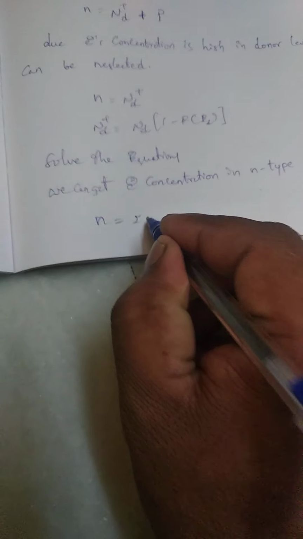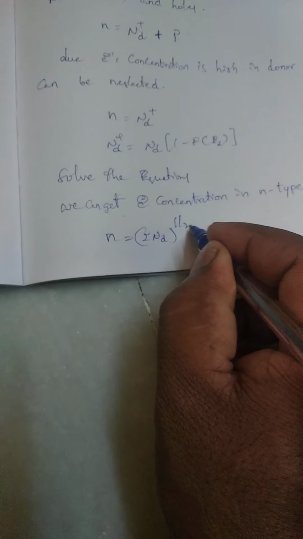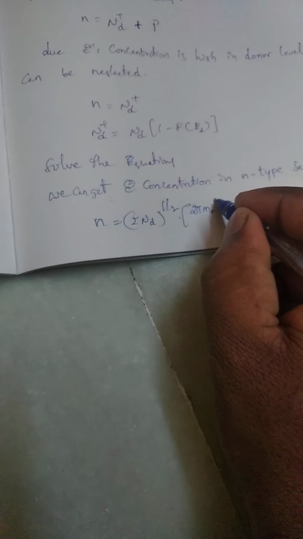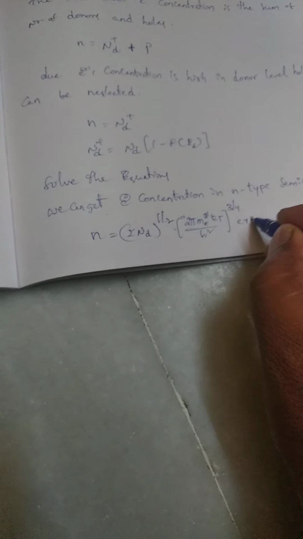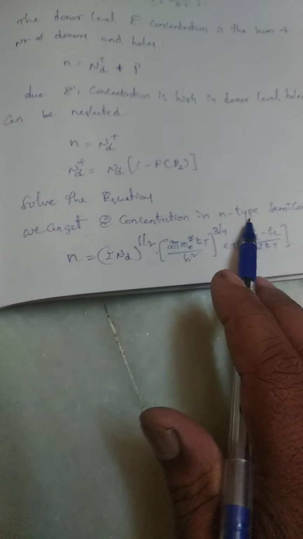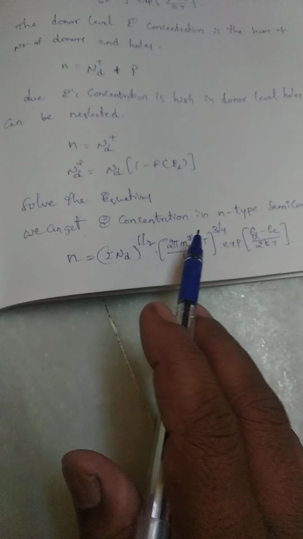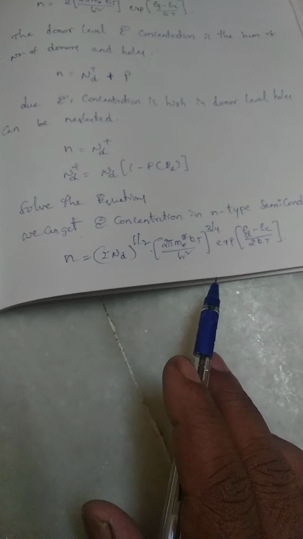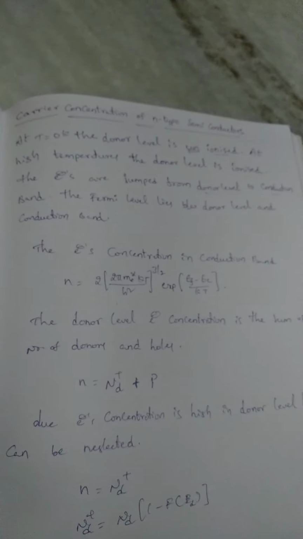N is equal to (2ND) whole power 1 by 2 into (2 pi md star kT by h square) whole power 3 by 4 exponential of (ED minus EC) by 2kT. This is the carrier concentration of n-type semiconductors.